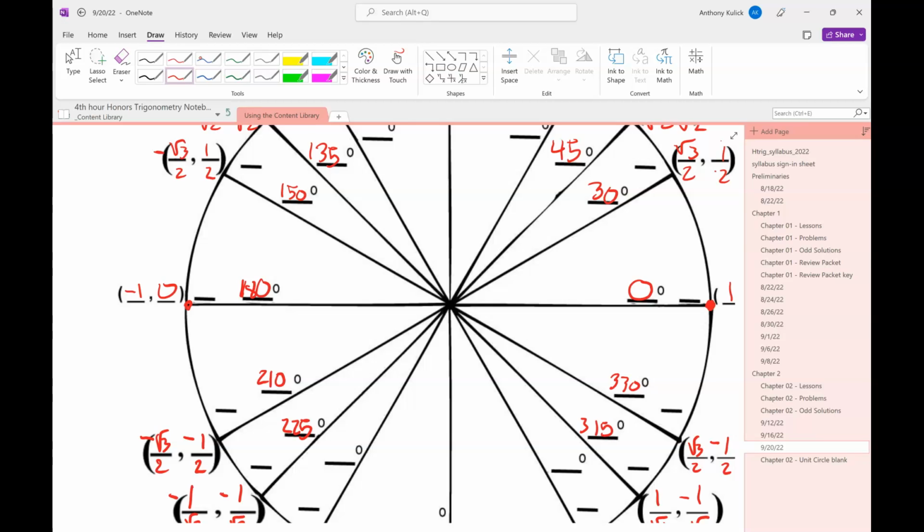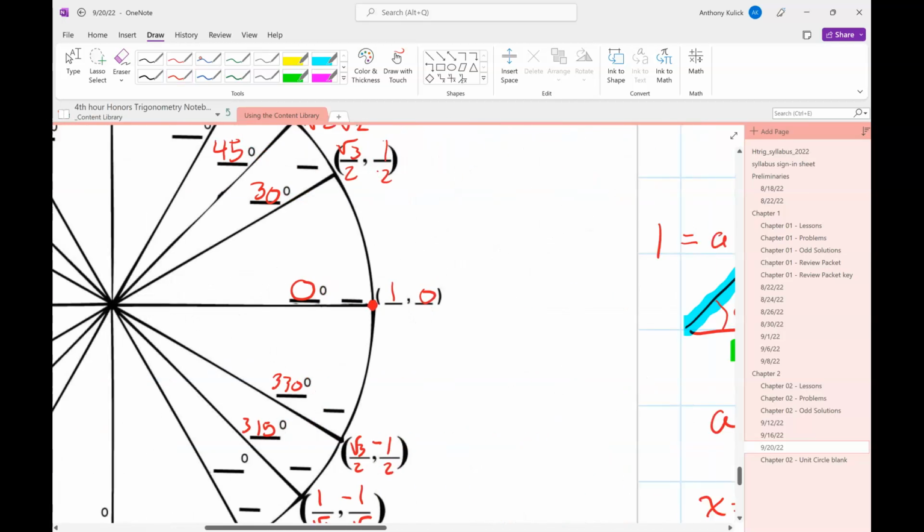So that's higher than 1/2. √2 is about 1.41. So 1/√2, am I correct there? Oh, yeah. Okay. That's okay. I'm glad you're double checking and thinking about, does this make sense?